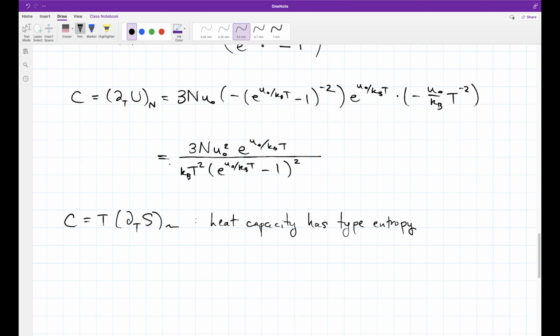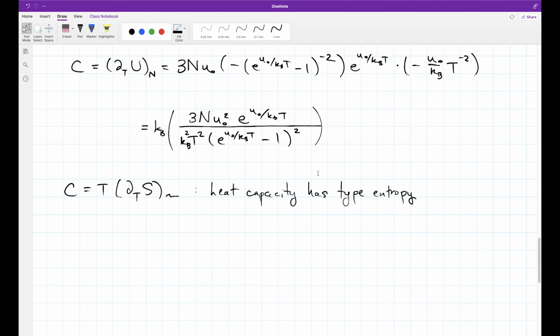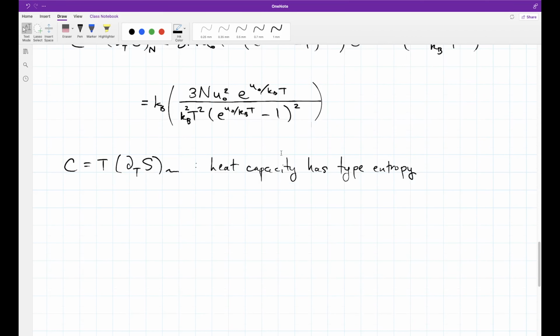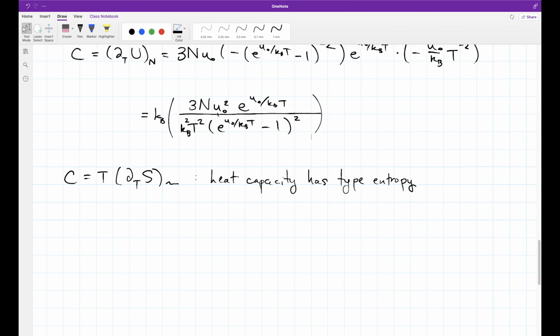Okay, so let's check that that is true for this expression. We have N, which is typeless. Now we have u naught squared here. And if we turn this into a kB squared here, we can pull a kB out to the left. Then this u naught squared and kBT squared in the denominator cancel because they both have type energy squared. Both of these expressions involving the exponential have no type, and so we do have something with the correct type of entropy. Good. So now let's try and think about what this expression does.